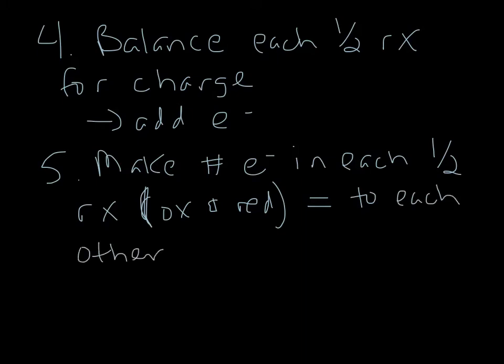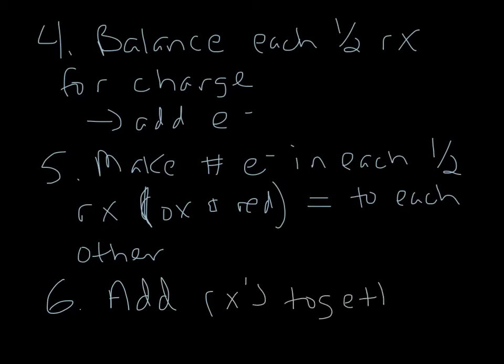So I can do that by just multiplying if they're not already equivalent to one another when I'm done balancing for charge. And then the sixth and final step is to add the reactions together. So you put together the two half reactions, cancel out anything that is on either side, both the reactants and the products, and then you'll have your balanced chemical equation.